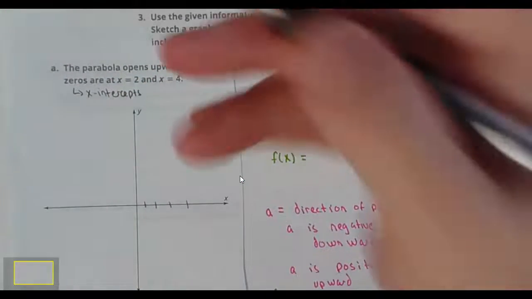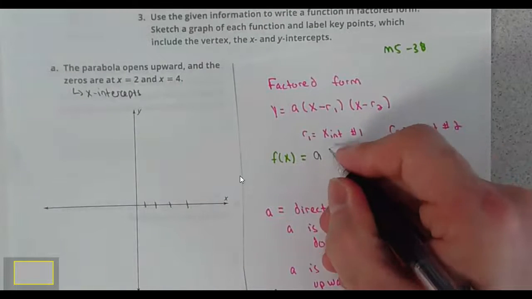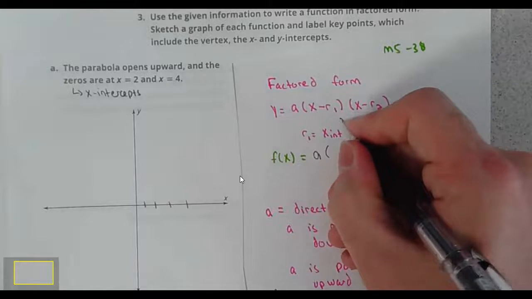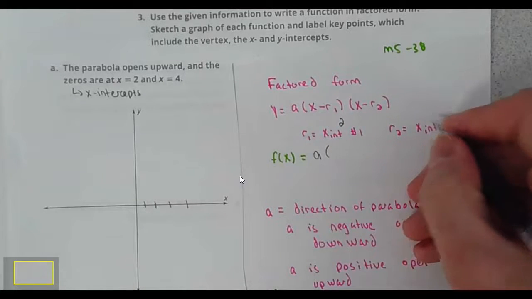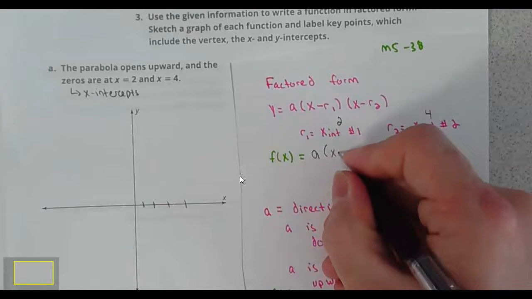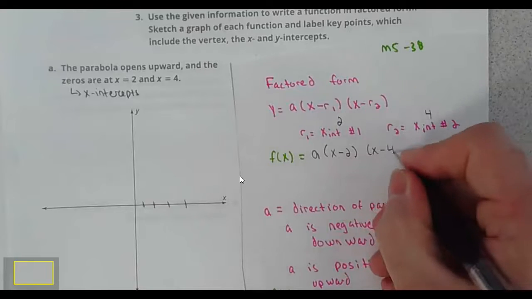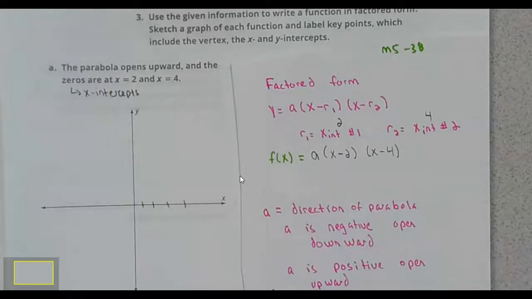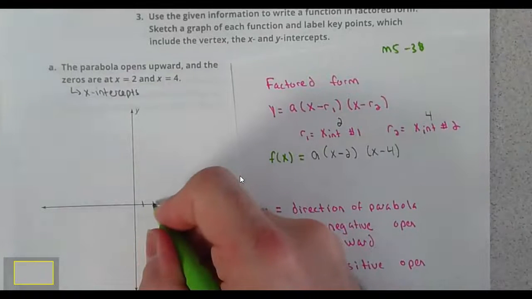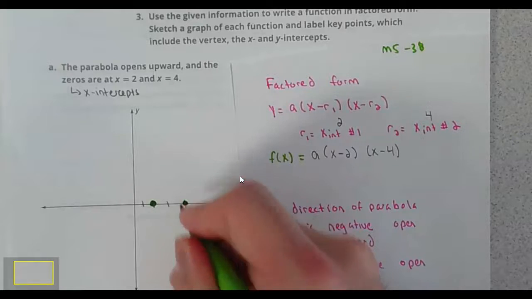So I know so far that x-intercept number 1 is 2, and x-intercept number 2 is 4. My format so far is (x minus 2)(x minus 4). That's the format of my parabola. I can plot two x-intercepts, one at (2, 0) and the other at (4, 0).